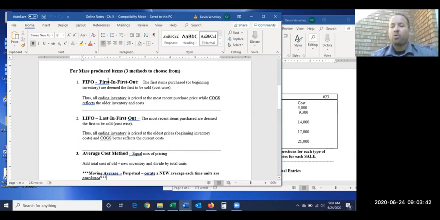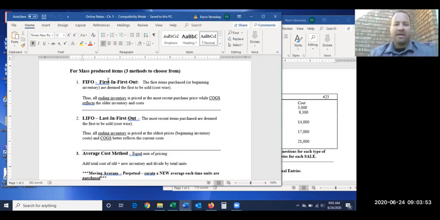It says, no matter which one you sell physically, we're going to assume it was one of the beginning ones, the first in ones. And then once we sell those 10, we'll start selling the next 80. So that's what first in, first out does.